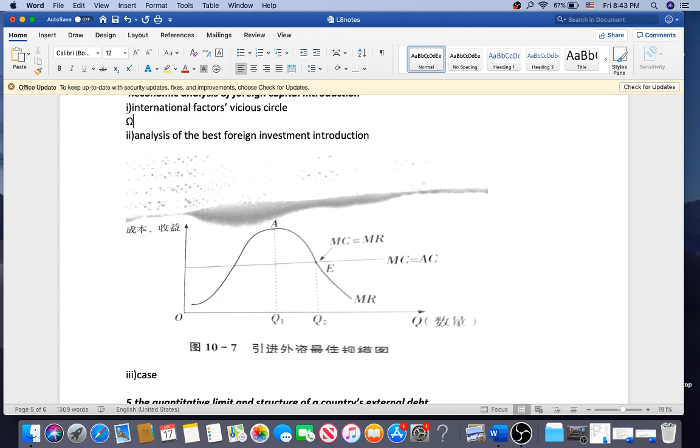Because there are still idle domestic resources waiting for capital to combine with. So that is not the optimal point where all the domestic factors have been combined with all the capital.